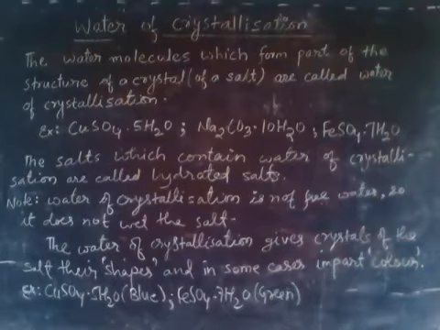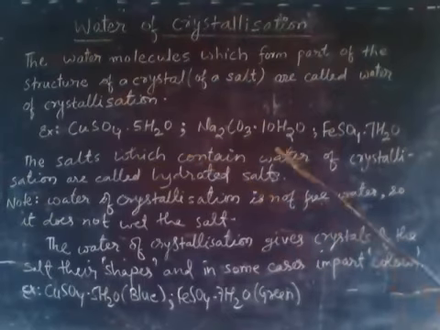We know very well that every compound has a formula. So in that formula unit, every salt has a fixed number of water molecules. This water molecule only is termed as water of crystallization.